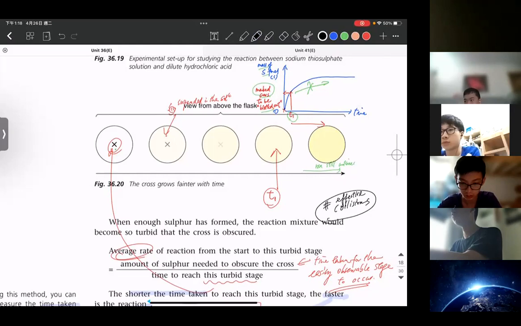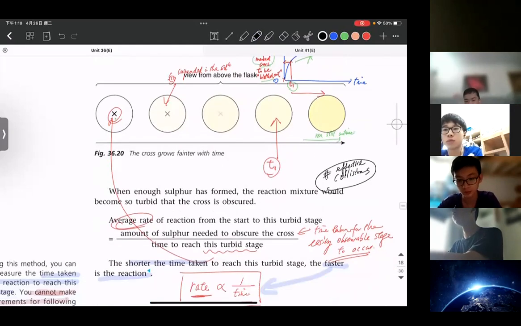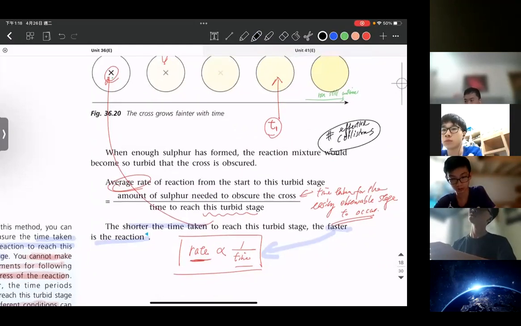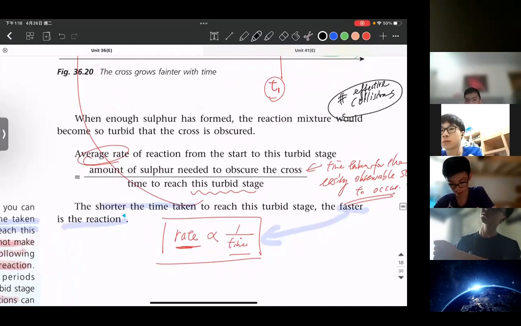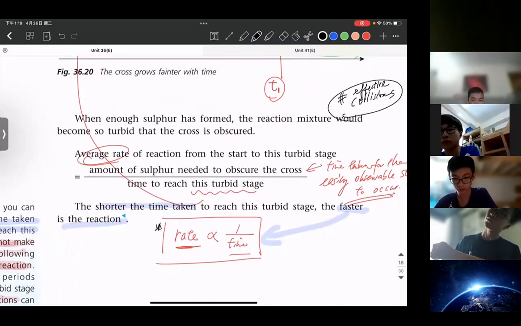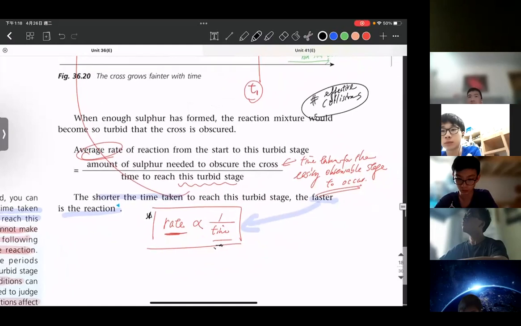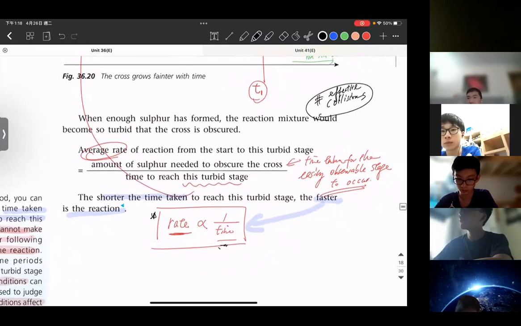Okay, good. So the timing, you're going to compare the time, which is indirectly equal to the rate. Do you realize that, for example, in biology, you may have heard of this? If you're going to compare how different factors affect the reaction rate, we usually see this item, isn't it? So we will say that the rate is inversely proportional to time. So what does it mean by time?